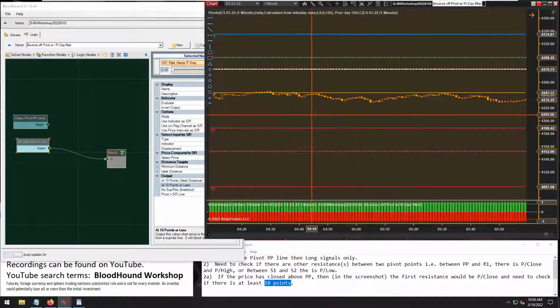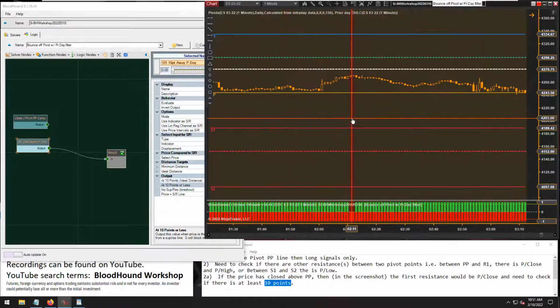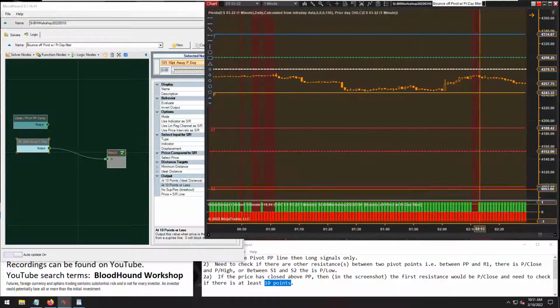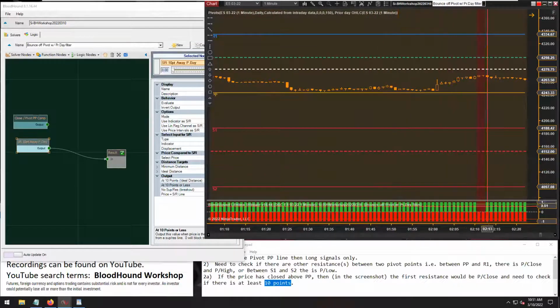Let's see if the market gets a little close. Yeah, here we go. Perfect. So you see how we have two bars here? Actually, we have a few more bars, but right here, we have two bars where basically the close got within 10 points of the prior day close. And so the long output disappears because the market's too close to take a long trade into the prior day close, right?